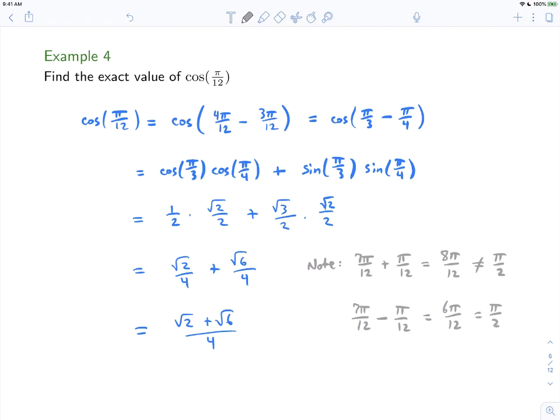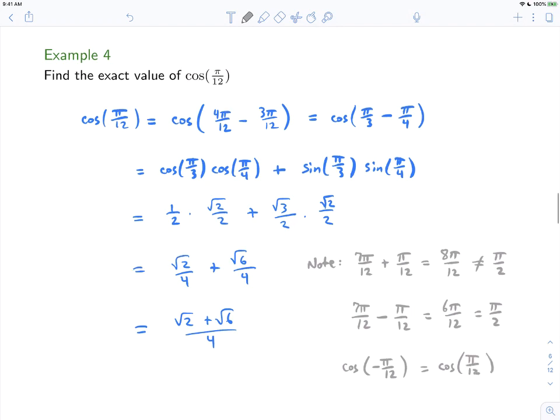So it's not the case that 7 pi over 12 and pi over 12 are complementary angles. However, 7 pi over 12 and minus pi over 12 are complementary. And cosine of minus pi over 12 is the same thing as cosine of pi over 12, because cosine is an even function.